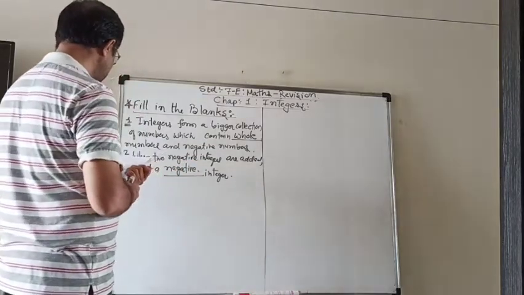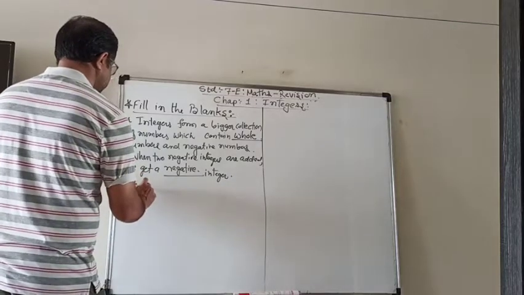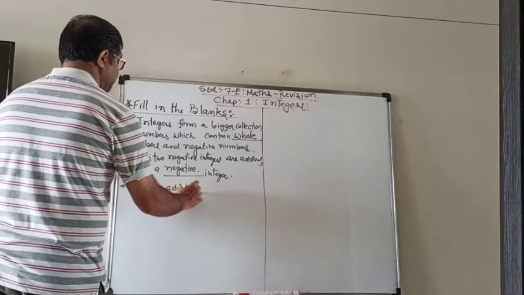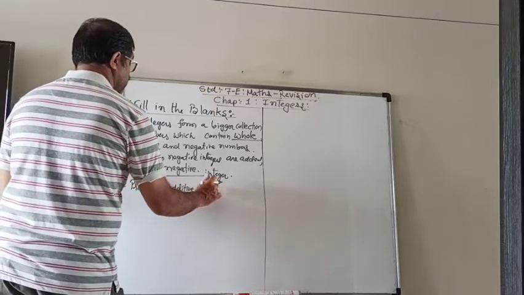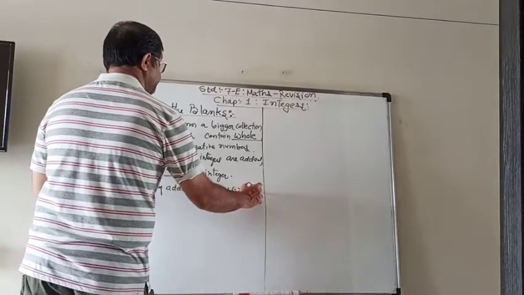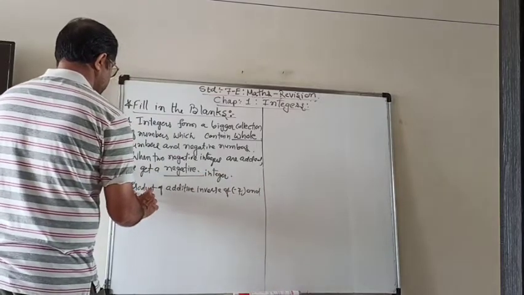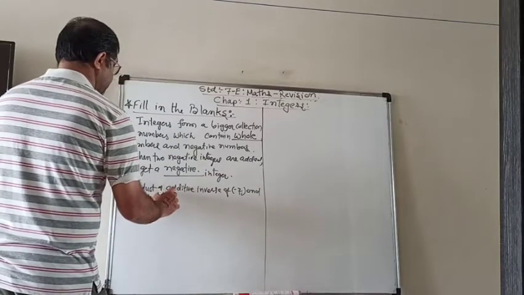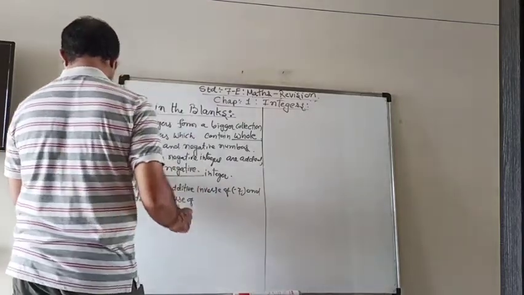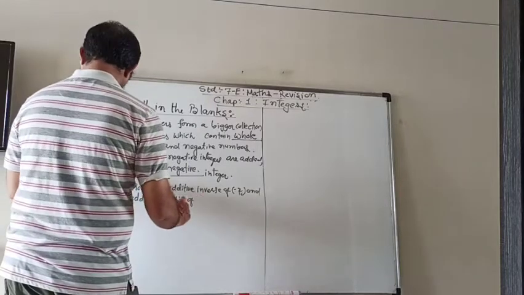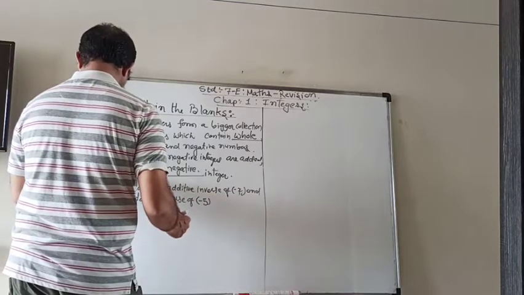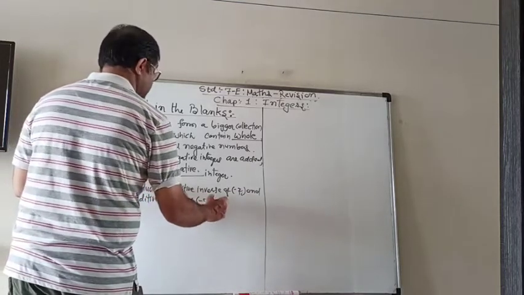Third one, product of additive inverse of -7 and additive inverse of -5 is equal to blank.